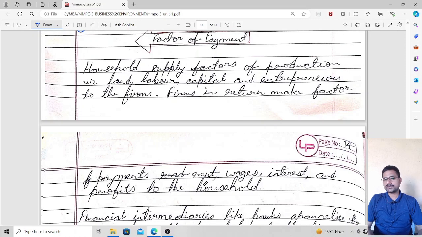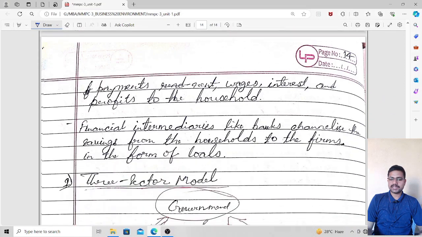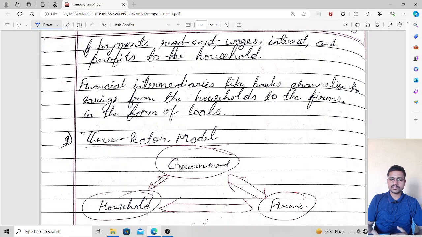It means that from one side the factors of production go from households to the firms, and just opposite to that, from firms to households goes the return, or factor payments like rent, wages, interest, and profits. Financial intermediaries like banks channelize the savings from the household to the firms in the form of loans.